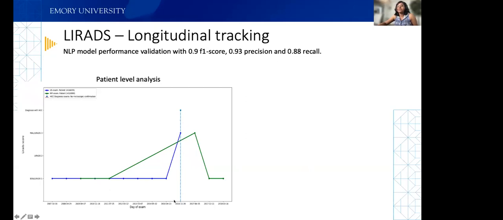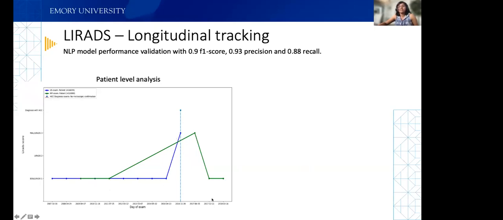But only in 2017 did we have the introduction of the LI-RADS standard, but they have all the reports even before the LI-RADS standard appeared. But now we can assign automatic scoring. So we can track the patient even before the LI-RADS standard was established. So you can clearly see that the patient had LI-RADS score 1 till 2016. Suddenly it went to LI-RADS score 3.